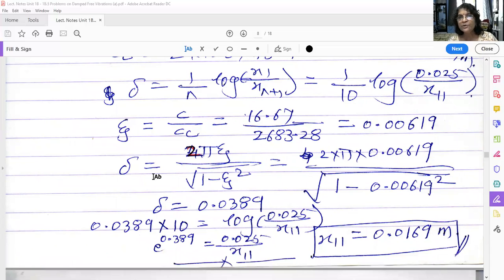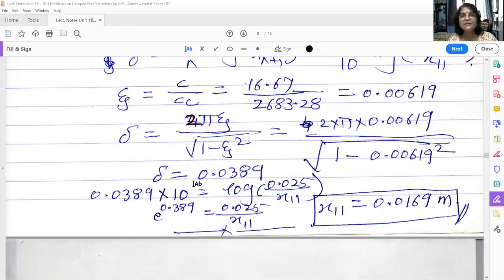Delta is equal to 2 pi zeta upon square root of 1 minus zeta square. Okay, so zeta we have calculated 0.00619. So delta is equal to 2 pi 0.00619 upon square root of 1 minus zeta square. Okay, so we get delta is equal to 0.0389. It doesn't have any unit because it's a ratio basically. So delta is equal to 0.0389.